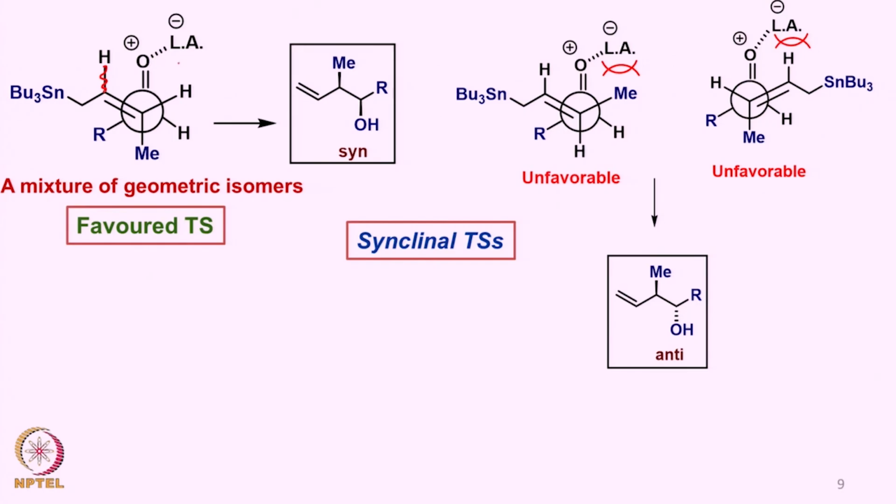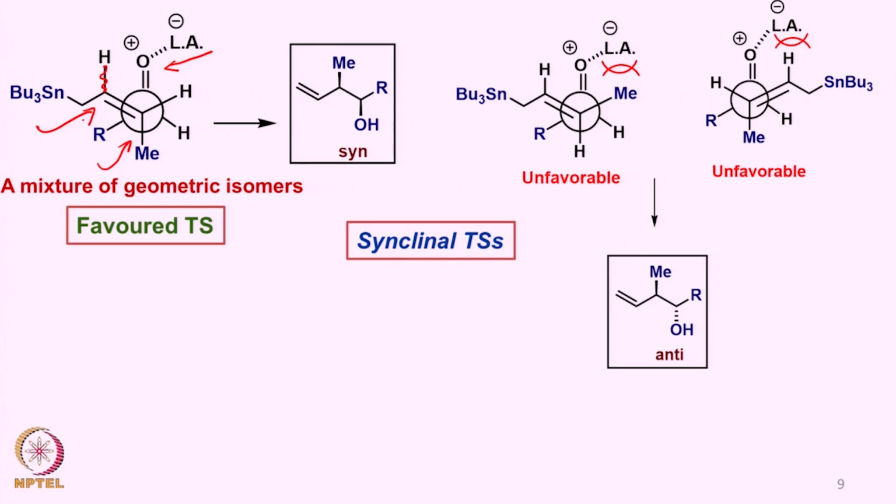So if the Lewis acid interacts with the aldehyde in this particular fashion, now the approach of this allyl reagent occurs not in an anti-periplanar fashion, which means that it is not going to be from this direction, but it is going to be from this direction. This is what is the synclinal orientation.